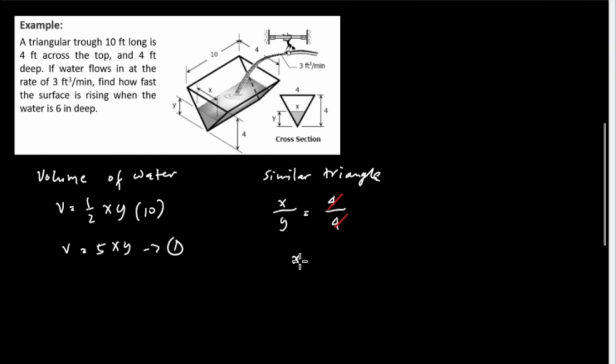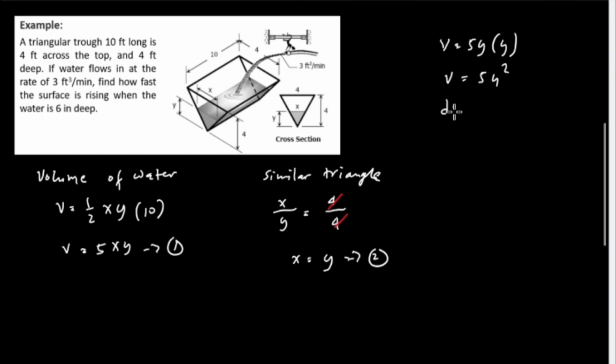The value is x is equal to y, and this is equation 2. From 2 we substitute to equation 1, so we have volume and we have 5 of y, and we change x to y, and this is volume is equal to 5y squared, and that's the time we need to differentiate volume based on time.